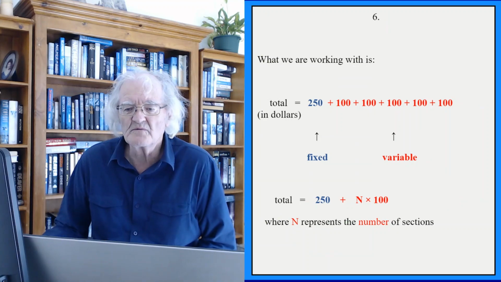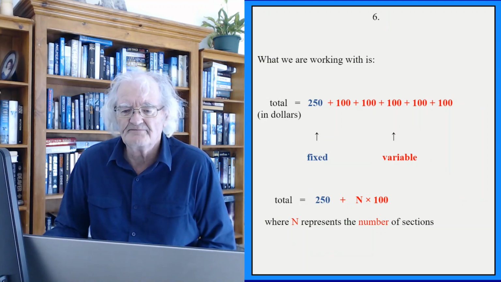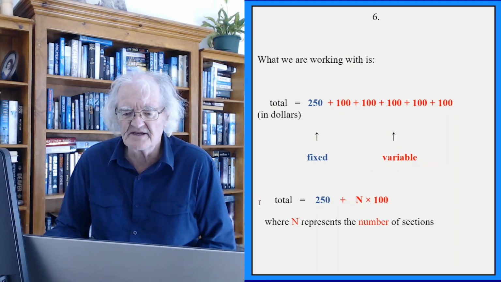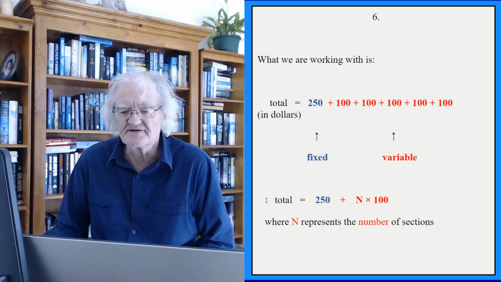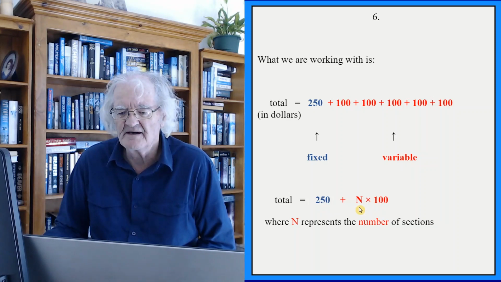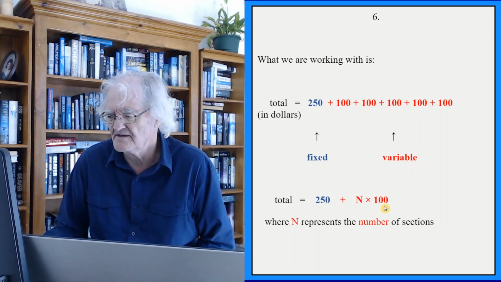What we're working with is shown below. The total: $250 fixed and $100 units, a variable number of them. So our equation representing what is happening here is the total cost is $250 plus a number of $100 panels.